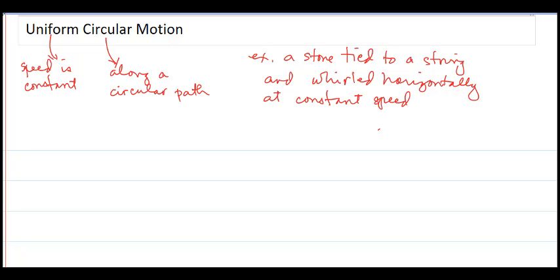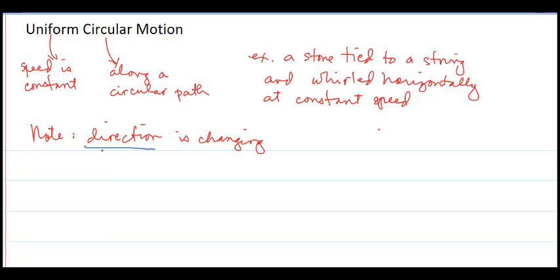Take note, in uniform circular motion, although the magnitude of the speed is constant, the direction is changing. So what do we mean by that? If direction is changing, then the velocity is also changing. If the velocity is changing, it also refers to an accelerated motion.